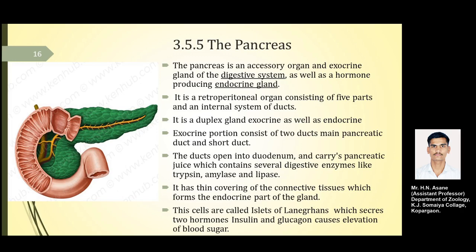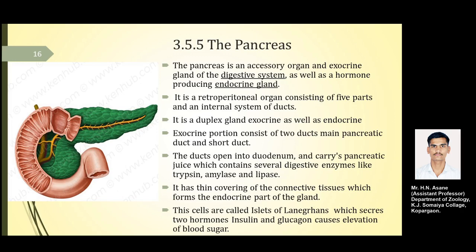Just in front of the pancreas the spleen is present, where aged RBCs and WBCs are stored.